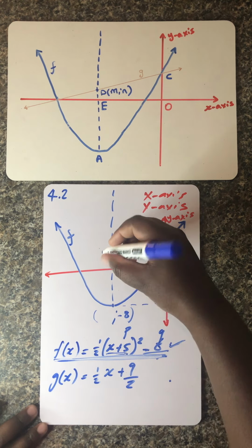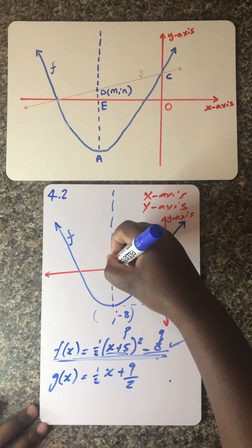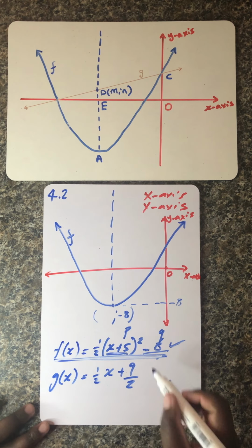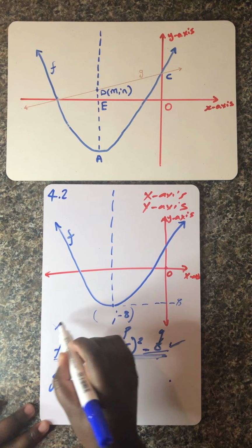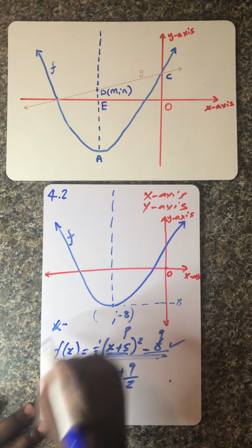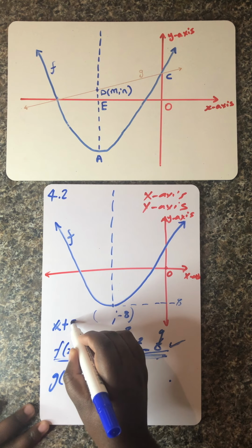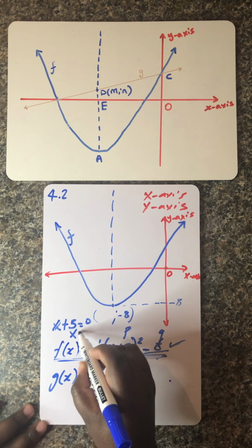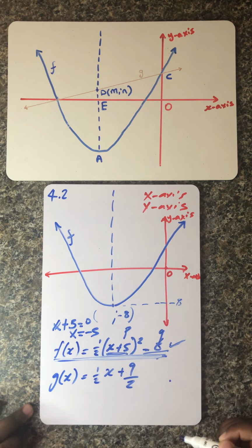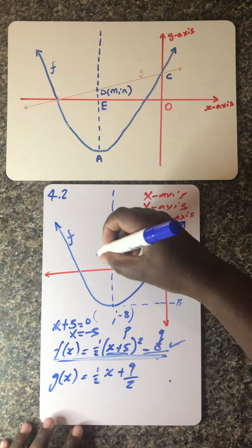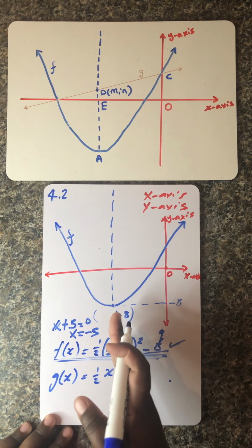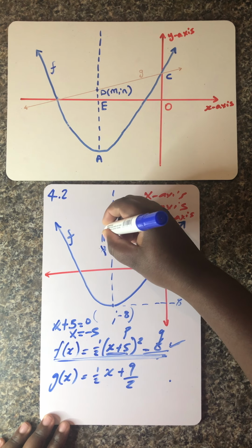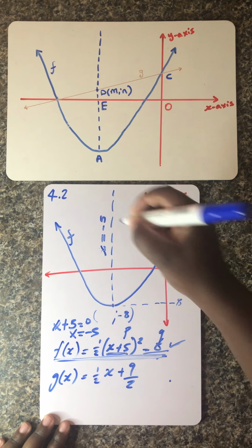If you want to know that line, the x value at that point, we can just equate this to 0. So that means it's going to be x plus 5 equals 0. Then you solve for x. That means x is equal to -5. So the equation for that axis of symmetry is x equals -5.